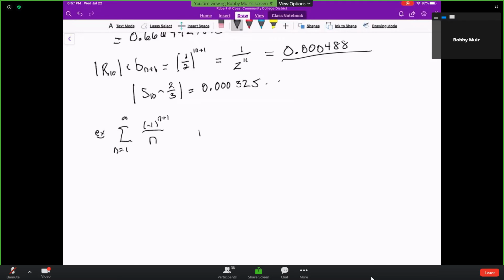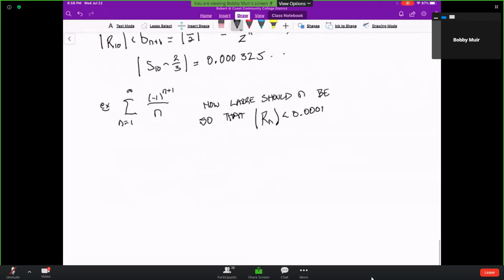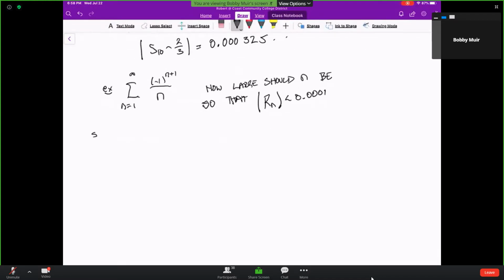Okay, so how large should n be so that the magnitude of the error is less than 0.0001? Let's say we want 4 decimal places of accuracy. So these are real easy problems.